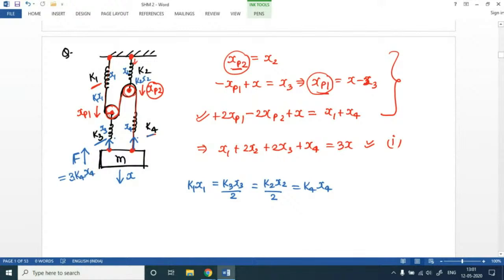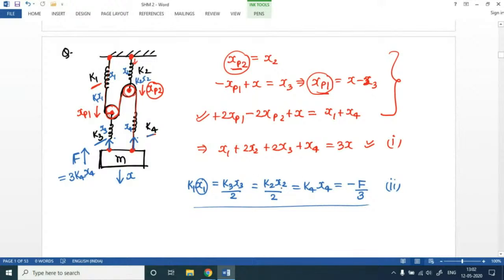So if you introduce this in this relationship over here, 3 k4 x4, you can write it as minus F by 3. So let's say that is equation number 2. So from this equation, for example, the value of x1 would be minus F by 3 k1, you can substitute over here.